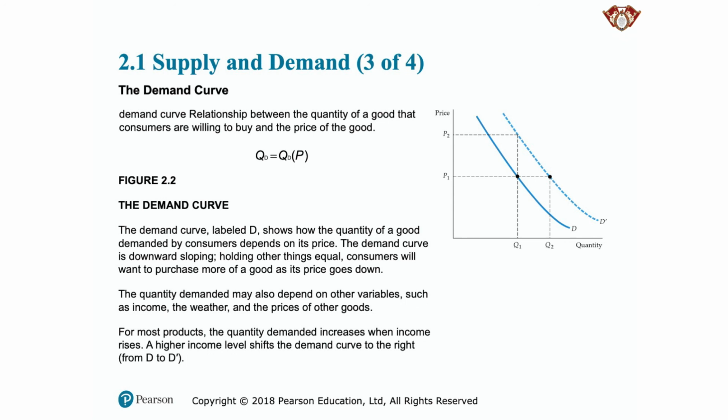A change in its own price moves the equilibrium point along the same demand curve. But when other things change, right? Income and price of related goods, the demand curve shifts to the right or to the left. So other variables are shifters of the demand curve.